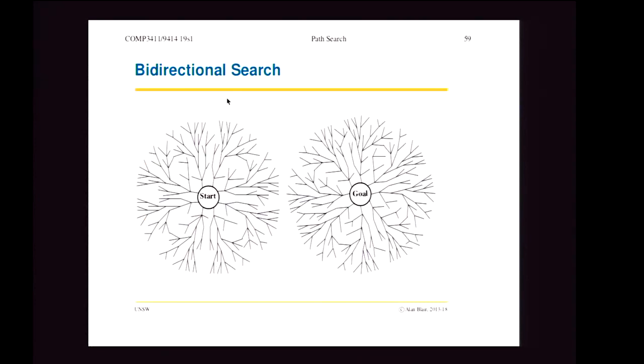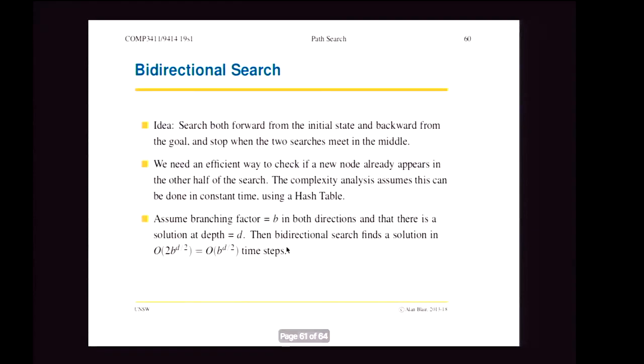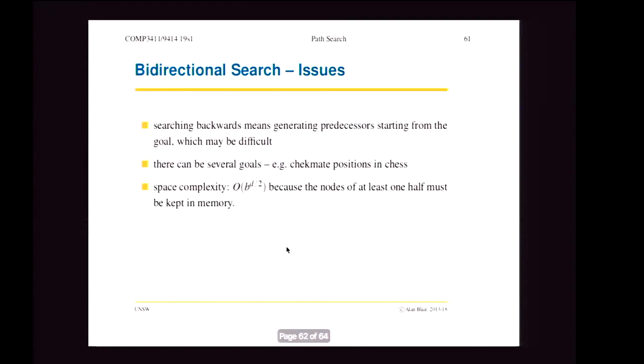In practice, you may have to resort to a skip list or something where the lookup time is logarithmic. Yeah, so that might slow it down a little bit, but it's still going to be a hell of a lot faster than breadth first search. Okay.